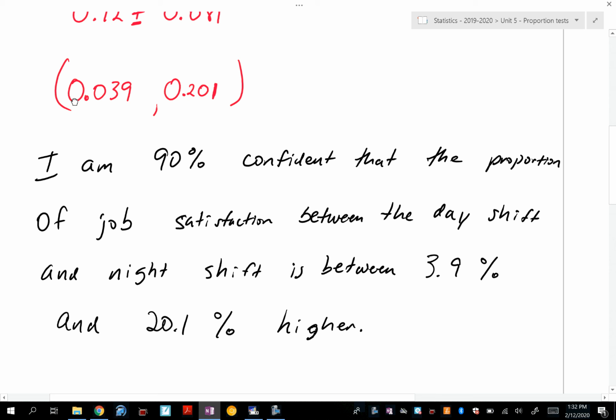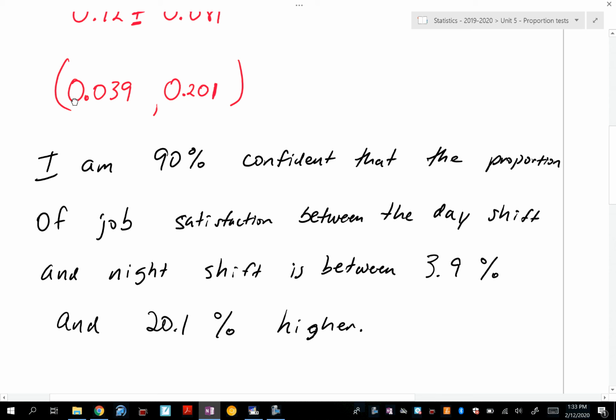Okay? So if we assume there's no difference, look at the interval. What is the interval missing? You're going from basically 4% to 20%. What's not in our interval? No, there's something even more. 0.12 should be right in the middle, right? 12%. Not alpha. We're not talking about alpha right now. Well, we're talking about a test, but not alpha.